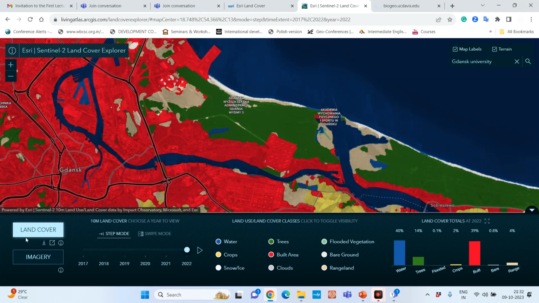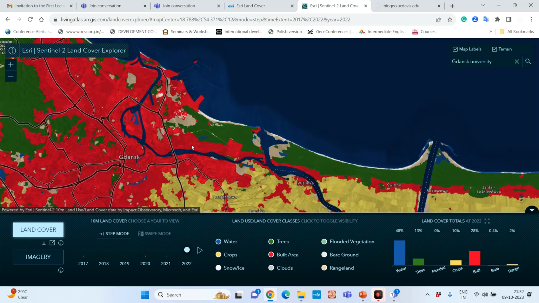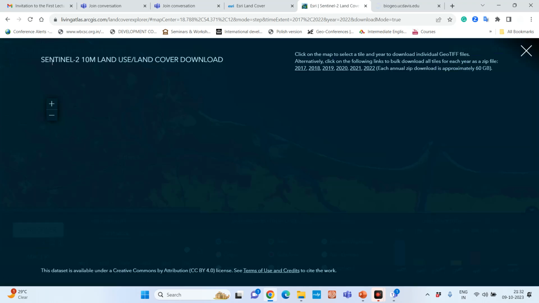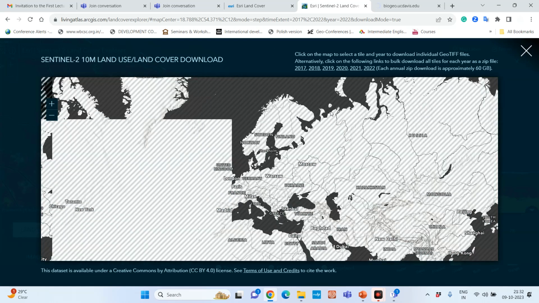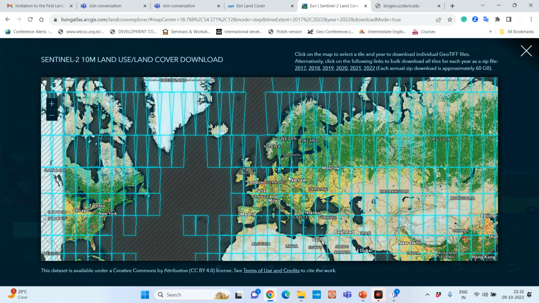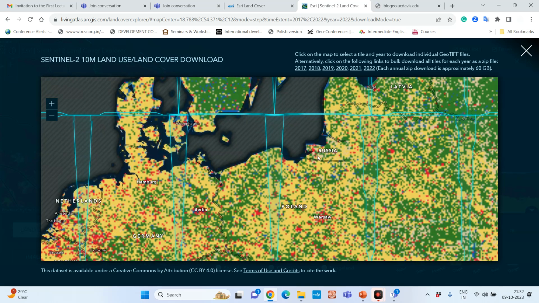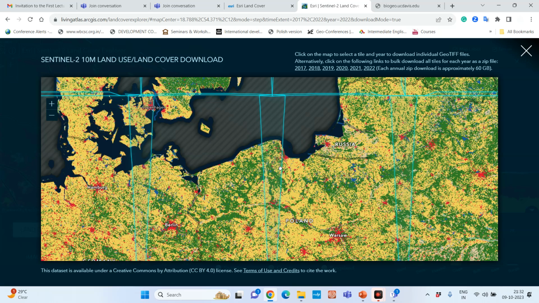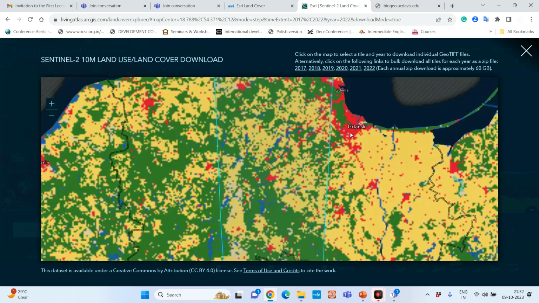Even you can download images also. Suppose you just want to download the land cover. You just click here, just download. There will be one grid there. So you go to Gdansk, I think over here, with Moscow, Warsaw, Gdansk over here. Yes, this is Russia, that is Berlin, and this is Gdansk.